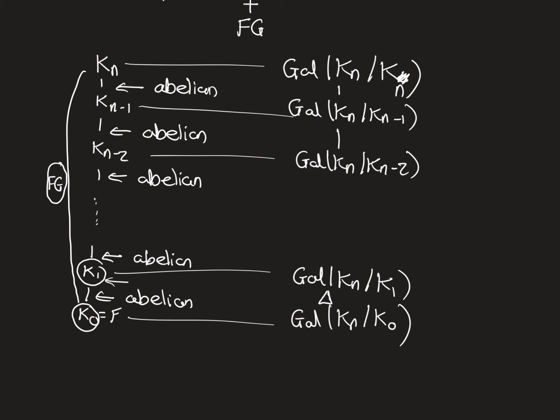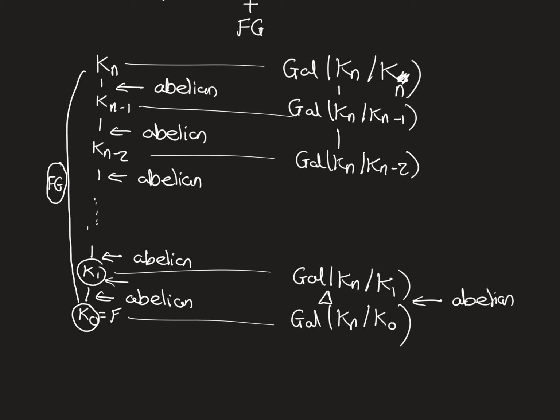Moreover, because it's an abelian extension, I know that its Galois group is going to be the quotient Gal Kn over K0, quotiented out by the Galois group of Kn over K1, and therefore I know that this quotient has to be abelian.